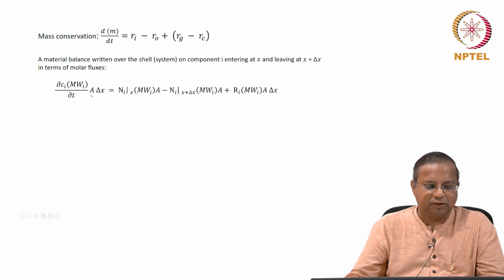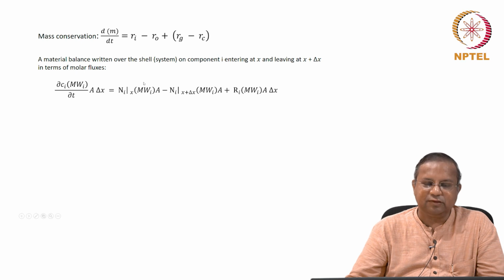So, this becomes the mass of species I equals the molar flux of species I at x times the molecular mass, that will give you the mass, but this will be per unit volume, and molar flux, and this is the area here.